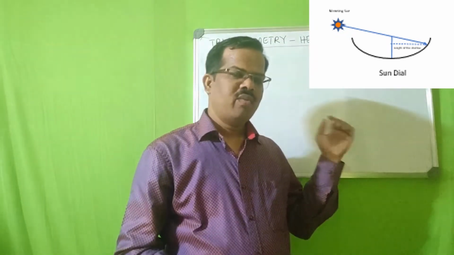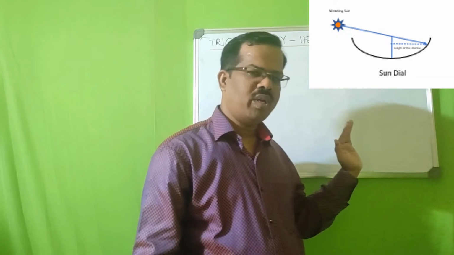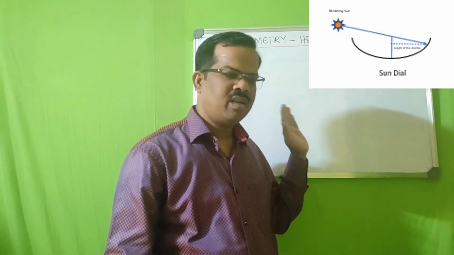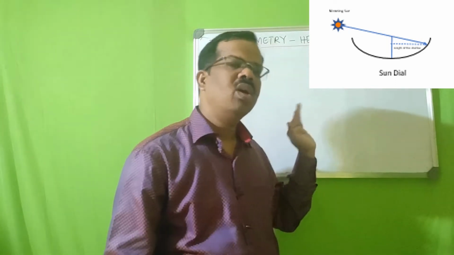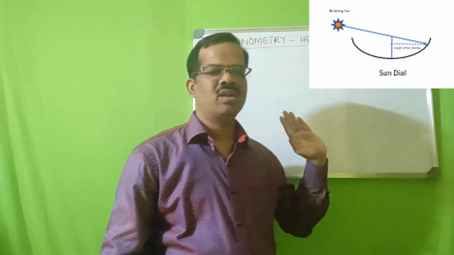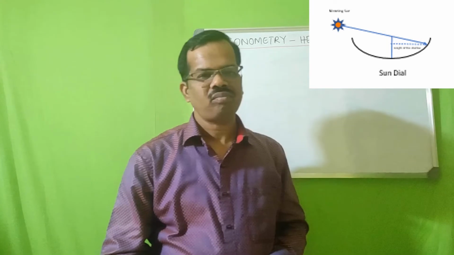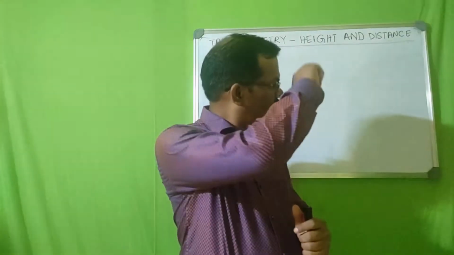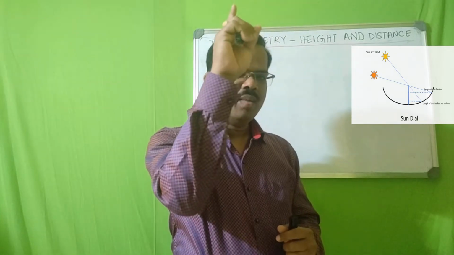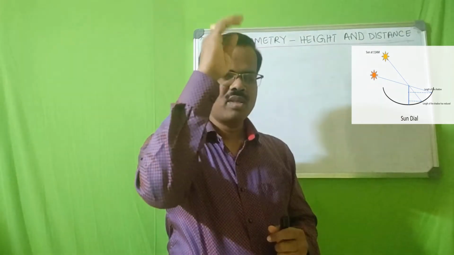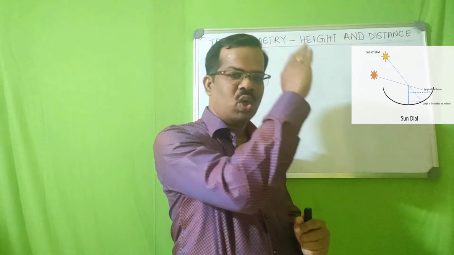Now look at this. When the sun is in the morning, you will see that the shadow of the middle structure will be on the opposite side, that is, on the west side. Now as the sun travels towards the middle of the sky, that means you are going towards noon time.